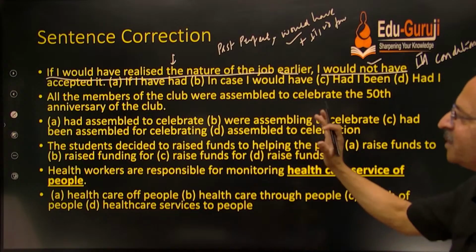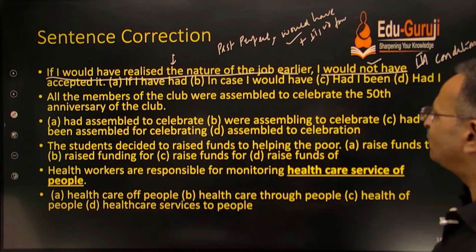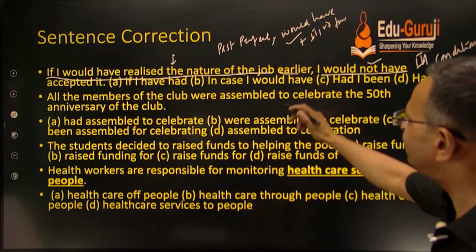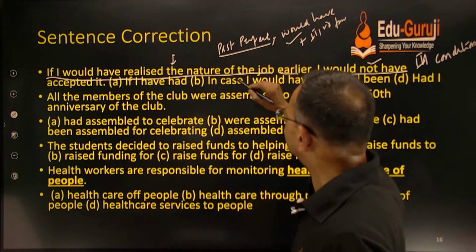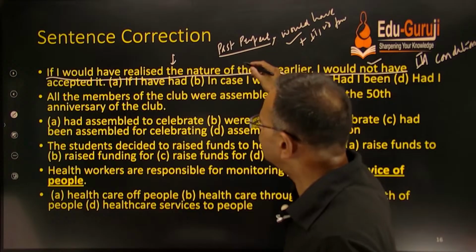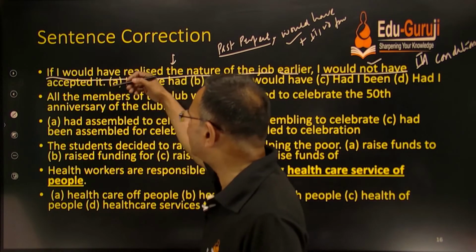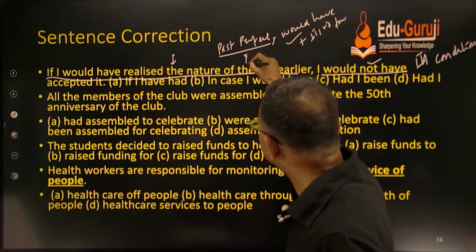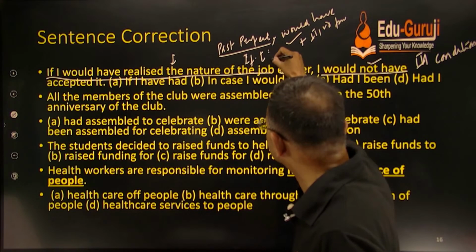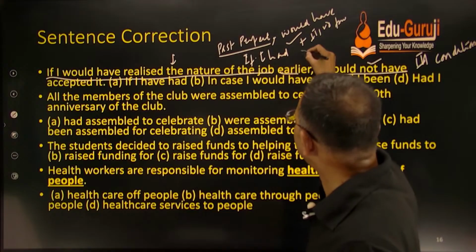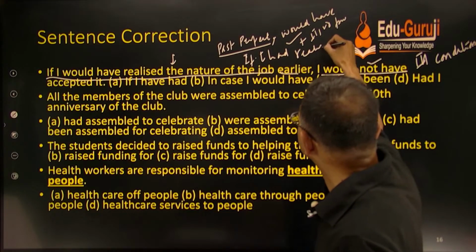Now what could be the problem over here? It should be "if I had realized", because this is absolutely ungrammatical. So it should be "if I had realized"; this should be the correct one.